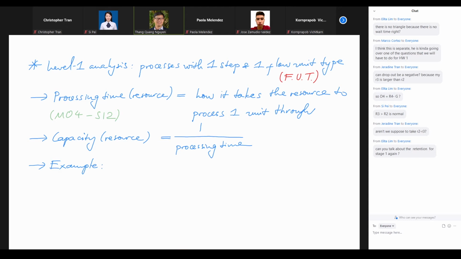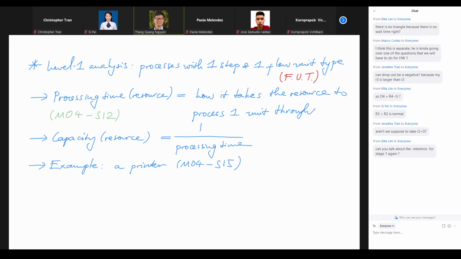So we talk about the first example on slide 15, module 4, which is about a color printer. It takes a color printer 10 seconds to print a large poster, okay? What is the capacity of the printer expressed in posters per hour?